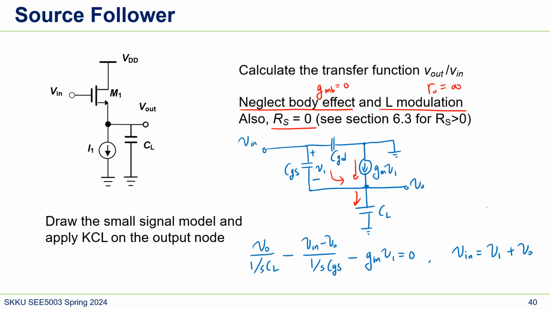If we substitute this in here, as a result, what we got is the gain as a function of frequency: 1 plus S over CGS over GM, and 1 plus S times CL plus CGS divided by GM. So this is our result.